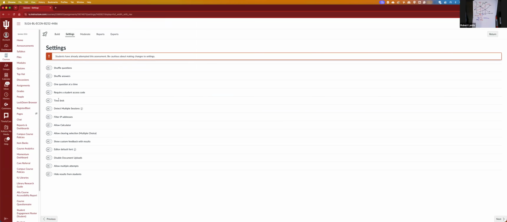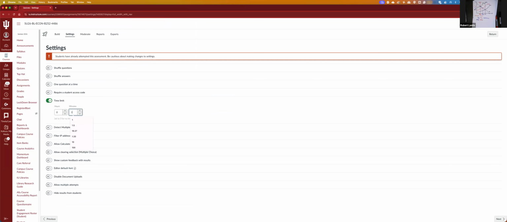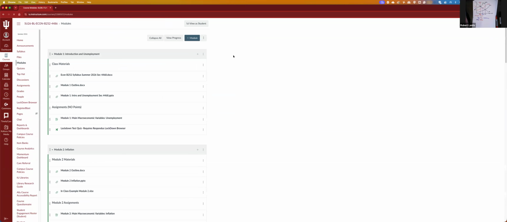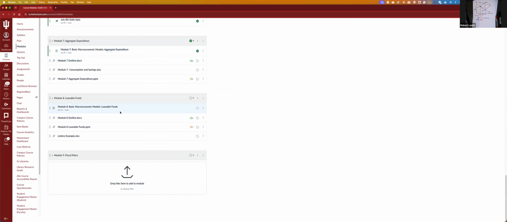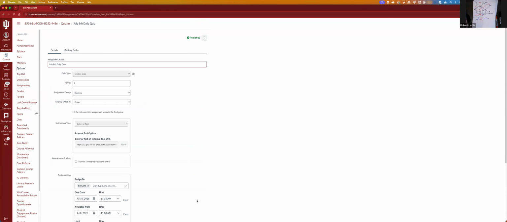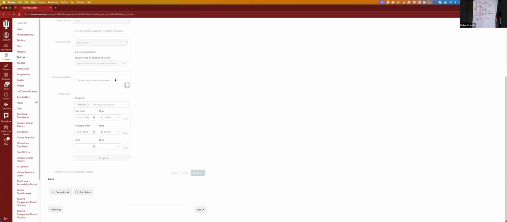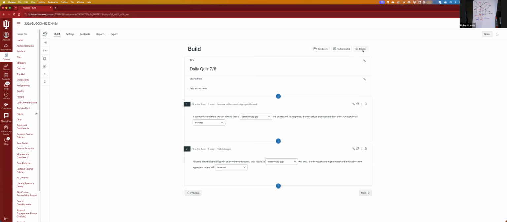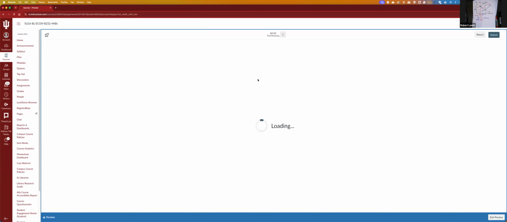Let me make sure, I don't have the time limit. So let's make sure that gets set, and then we'll jump into it here. It should be under module 6. So we'll work on this together. I've got to go to build and then preview, and we can talk through both of these.